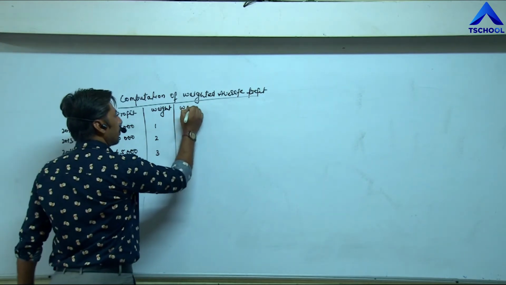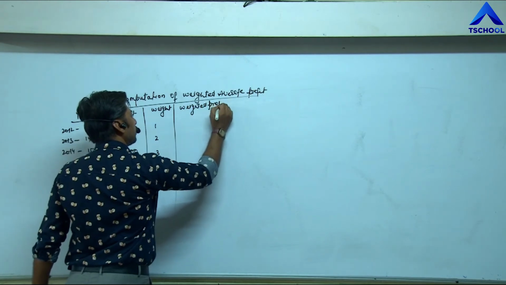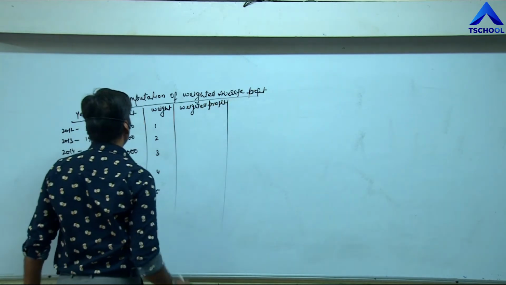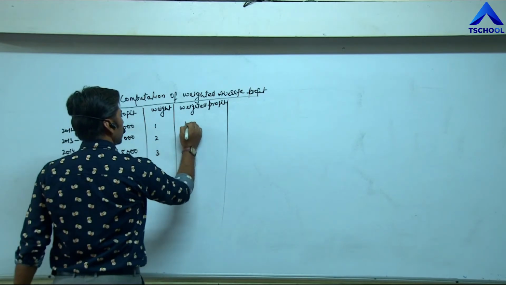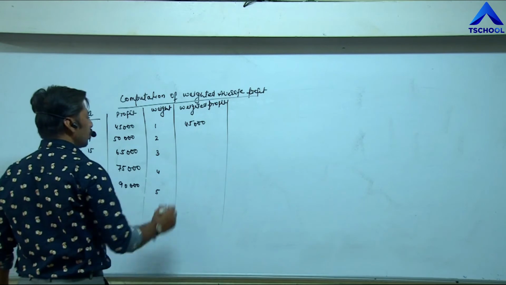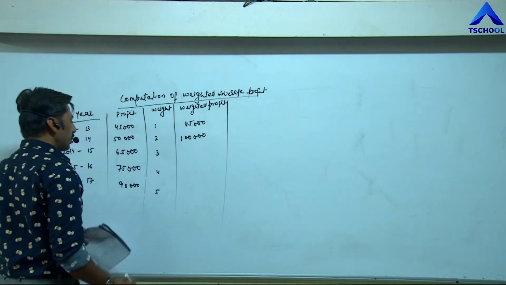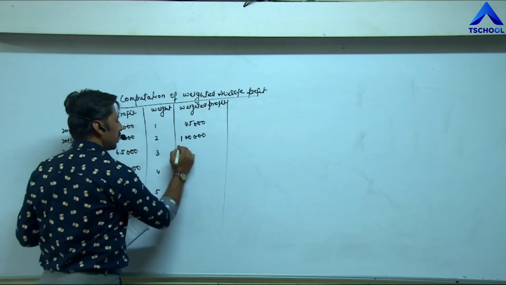Then weighted profit. 45 into 1, 45,000. Then 50 into 2, 1 lakh rupees. 65 into 3, 1 lakh 95,000.